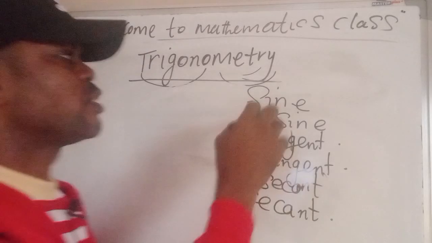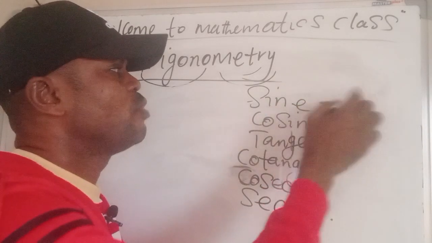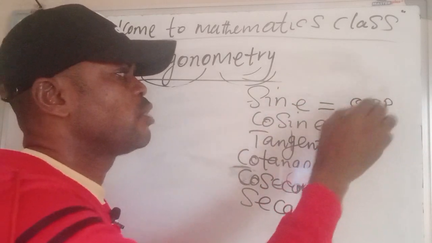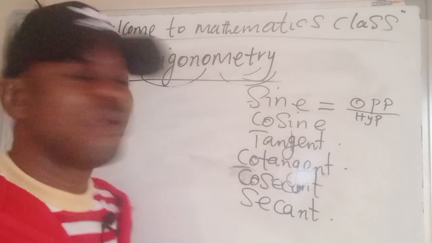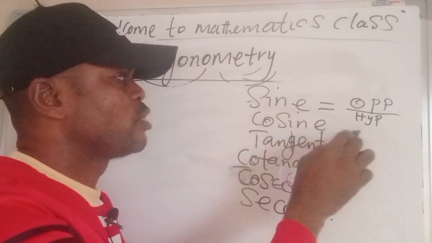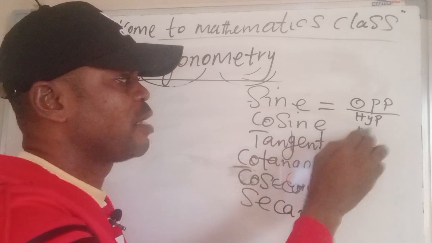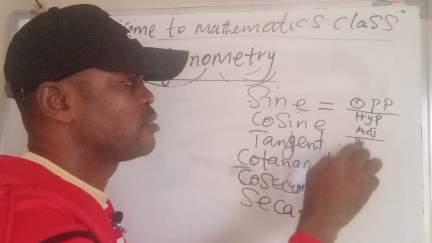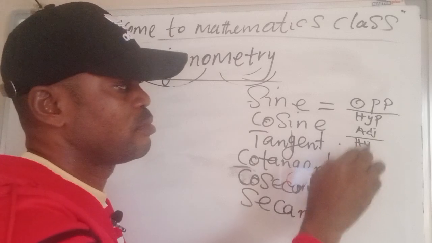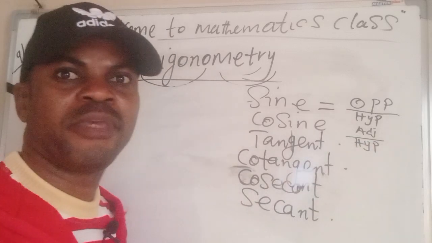When you hear sine, it studies the relationship between the opposite and the hypotenuse. When you hear cosine, it studies the relationship between the adjacent and the hypotenuse, represented with HYP.